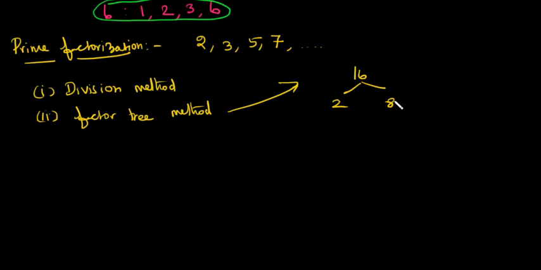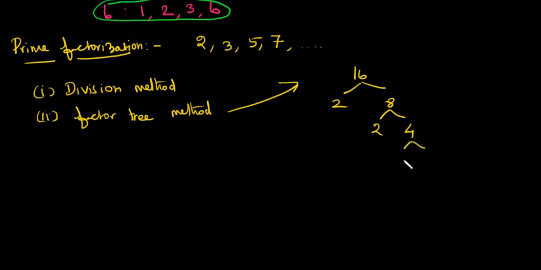So I am going to move with 8. Can we write it as a product of two numbers? Yes, 2 into 4 you can write. Again, can you write 2 as a product of two numbers? No. Anyway you will get 1 into 2, which is the same number, so I'm not going to bother about that. Can we write 4 as a product?